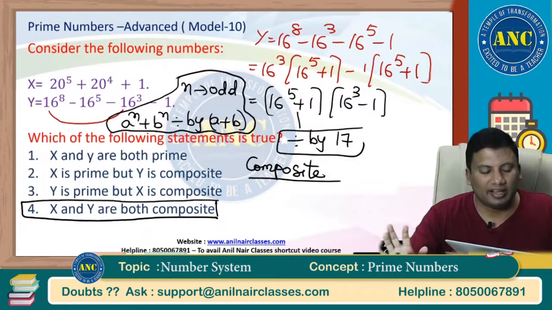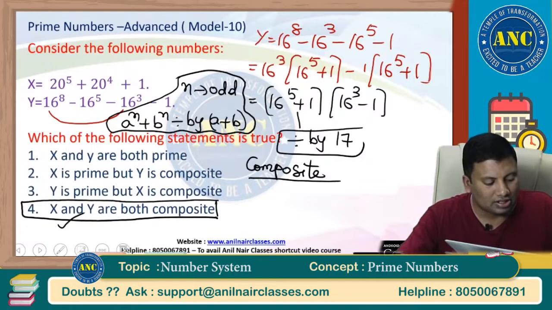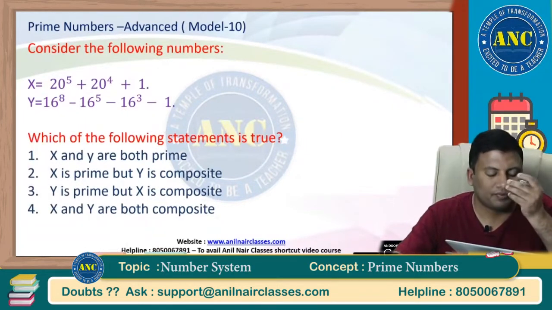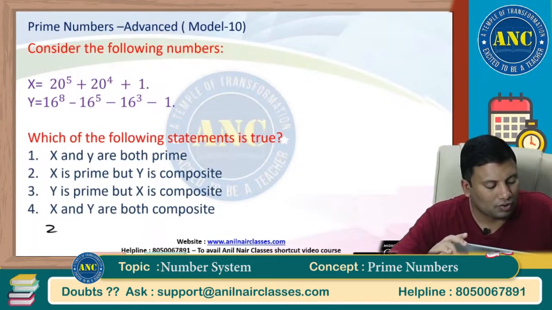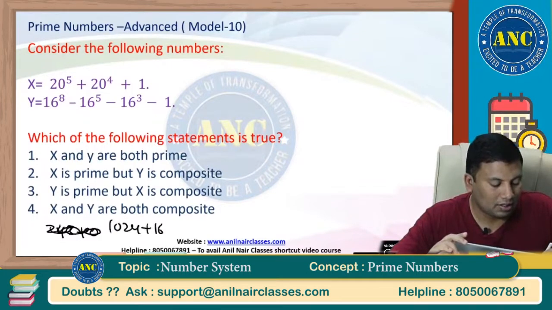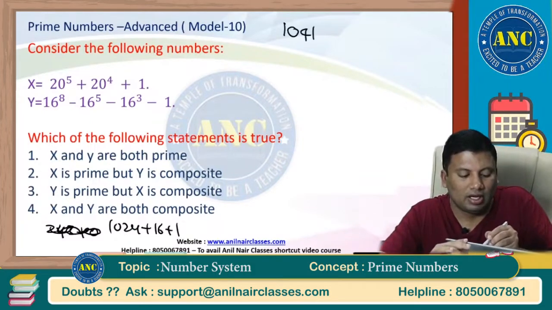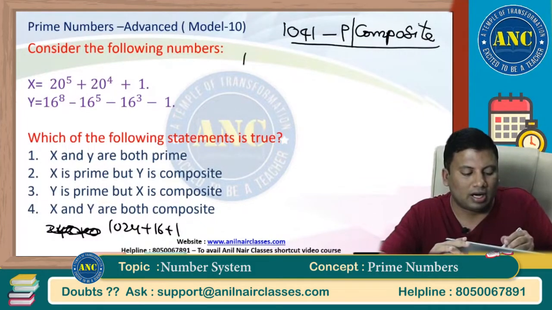Clear, right? Suppose x and y both are composite. Suppose you want to do it like this, for example, if there is a question: is 1041 prime or composite?